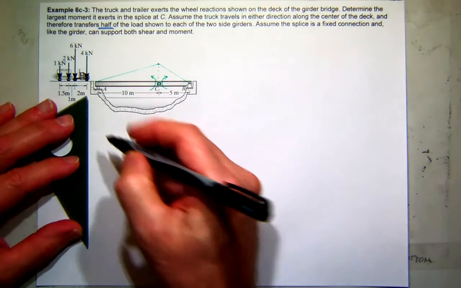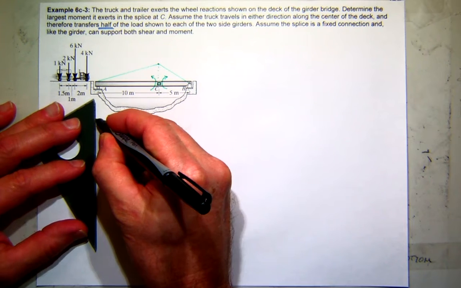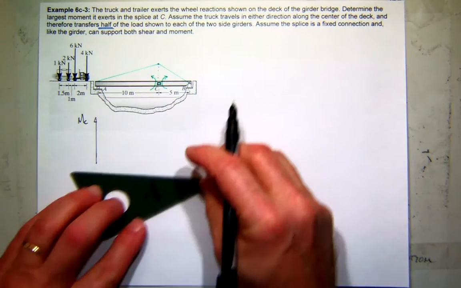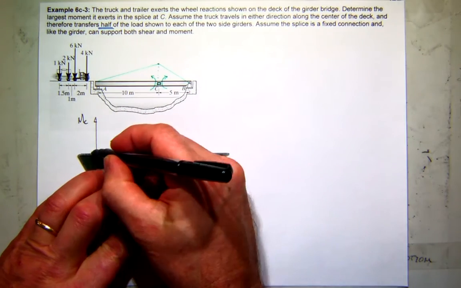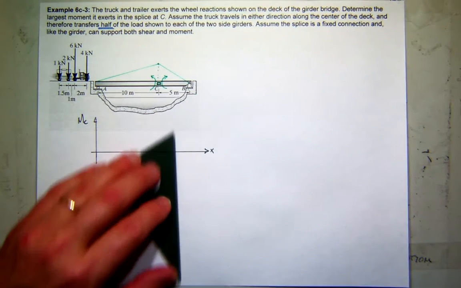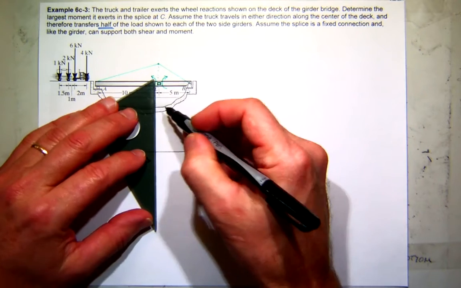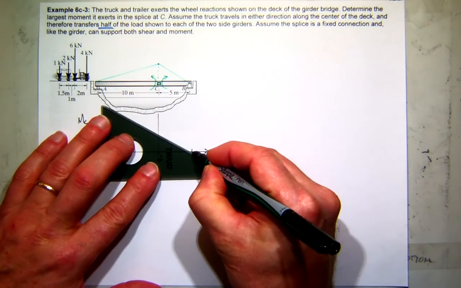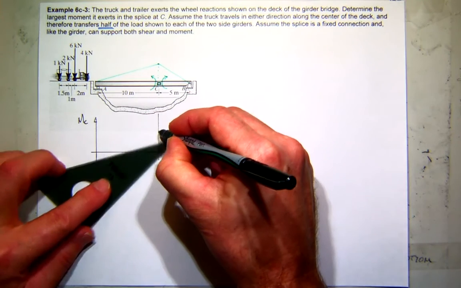So very quickly, we could then look at the moment at C and draw our influence line. There's where B comes down, here's where C comes down. So again, the qualitative shape of our influence line looks something like this.